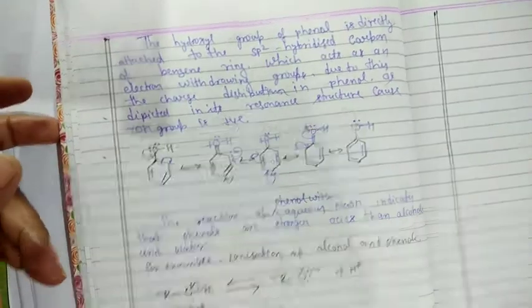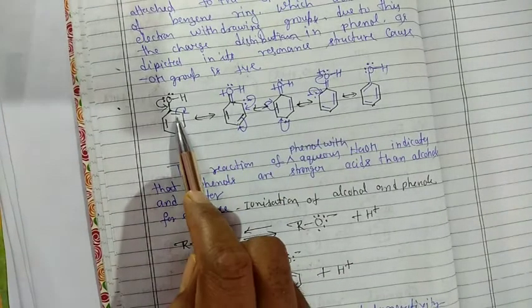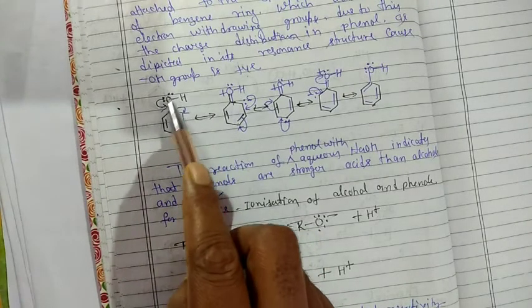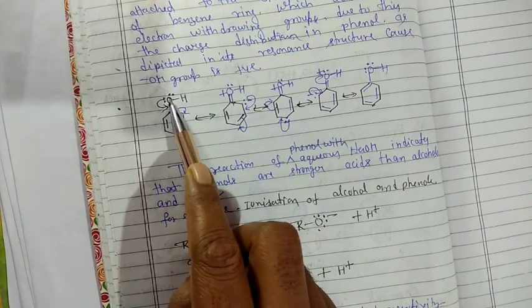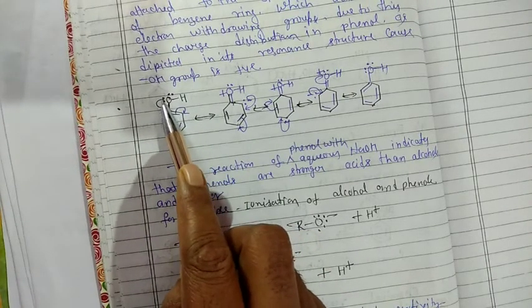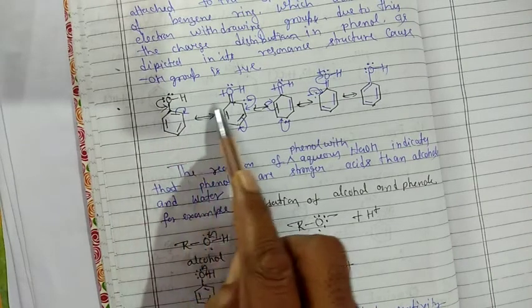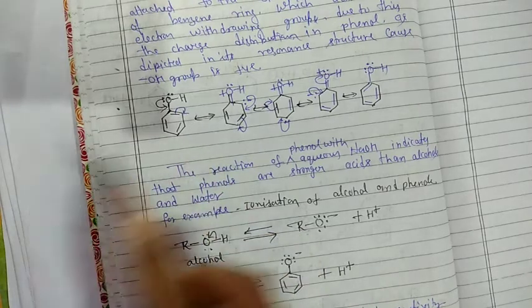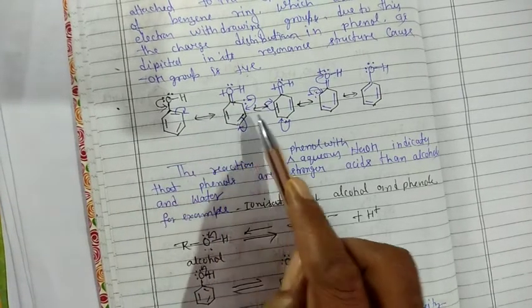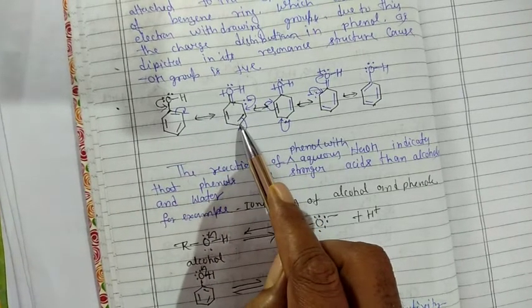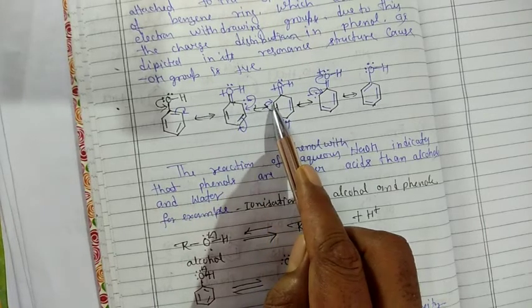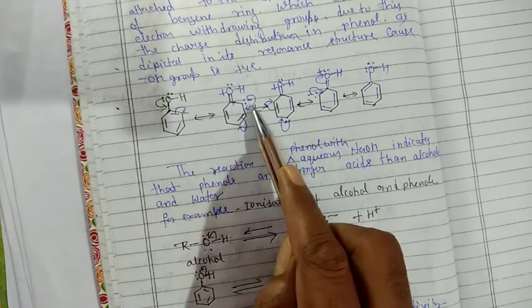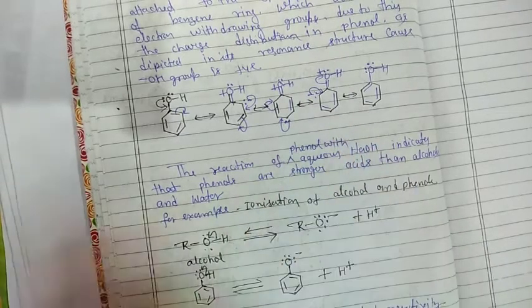You see here the resonating structures of phenol. The number of lone pairs present on the oxygen atom is 2, so one lone pair of electrons can be transferred to form a bond, and this multiple bond can shift continuously to the ortho position, para position and other ortho position, and this is the complete resonating structure of phenol.